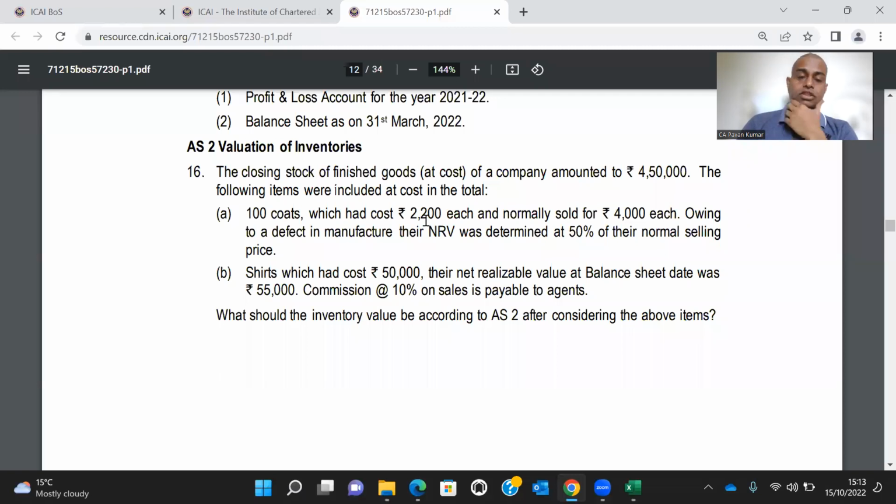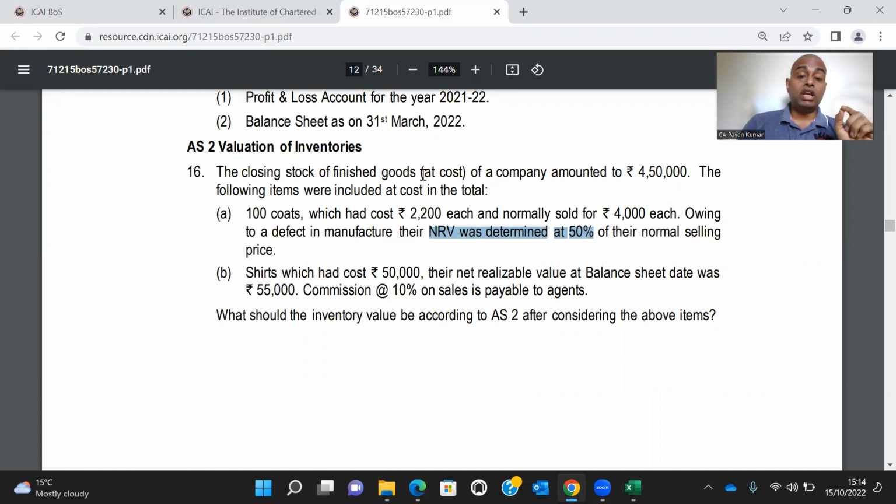Okay, very good. So what is cost? 2,200. What is net realizable value? 50% of the selling price. What is selling price? 4,000. What is NRV? 50% of 4,000, so 2,000. So cost 2,200, NRV 2,000. Whichever is lower must be 2,000.